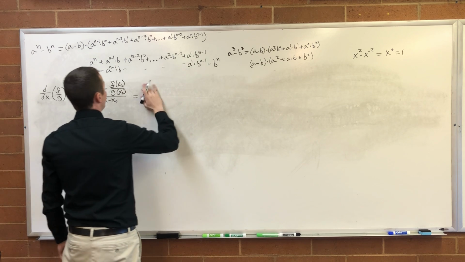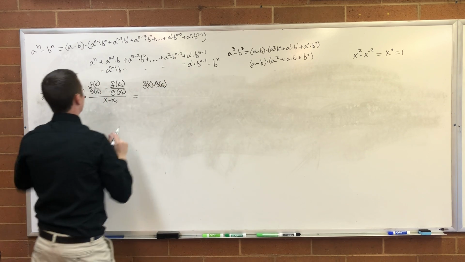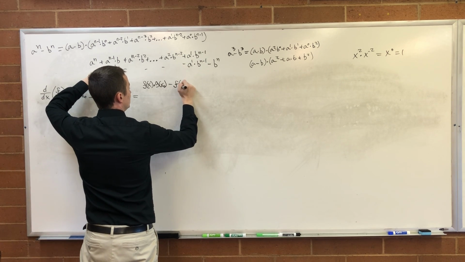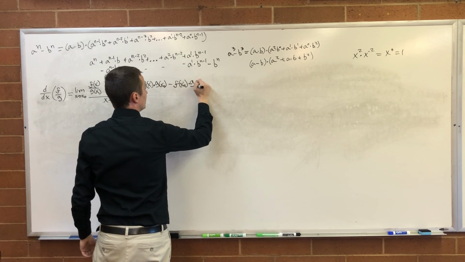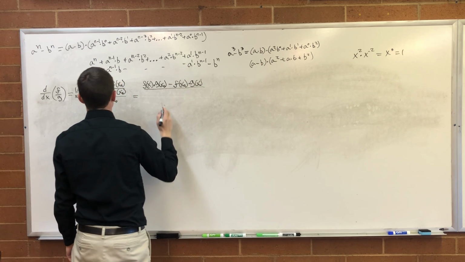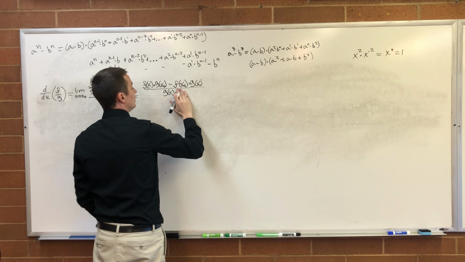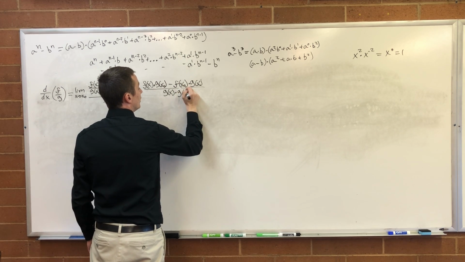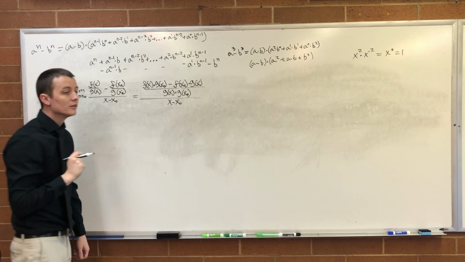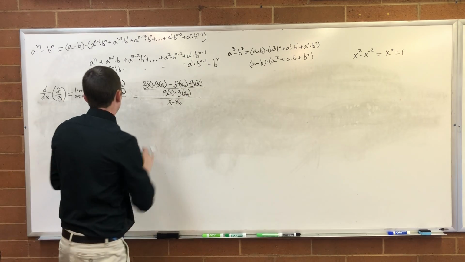So this is equal to f of x times g of x naught, that's this term, minus f of x naught times g of x, all over g of x times g of x naught, all over x minus x naught. Oops, got my limit.